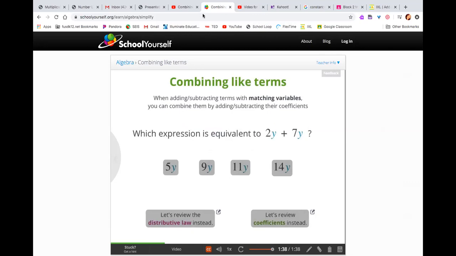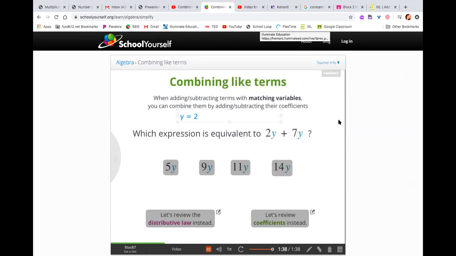And because a couple of people said that they like to do it with a number, I noticed it doesn't tell me what y is equal to, but I can make up a number. I can say y is equal to 2, or you can say y is equal to 5, okay? So if you need to make it equal to something, you can do that. And then plug in the numbers and solve it, okay?